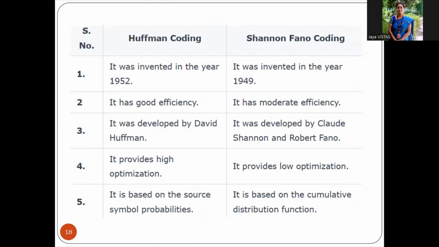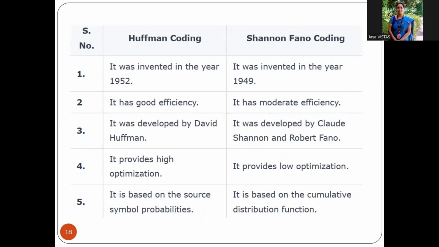Then finally, we compare Huffman coding and Shannon-Fano coding. Huffman coding was invented in 1952 and Shannon-Fano coding in 1949. Huffman coding has good efficiency and Shannon-Fano coding has moderate efficiency. Huffman coding was developed by David Huffman, and Shannon-Fano coding by Shannon and Robert Fano.